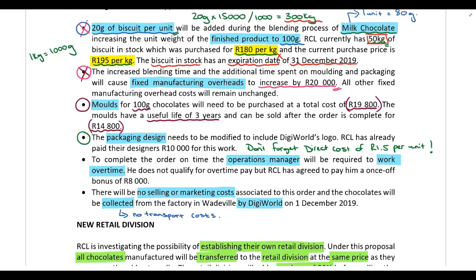Then, the fact that the molds have a useful life of 3 years, so in other words, they'll be depreciated over a 3-year period. Remember, the depreciation will never be relevant because it's not a cash flow. So it doesn't comply with the second part of the definition. It is not a cash flow.